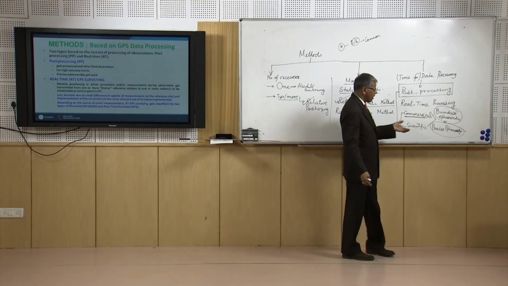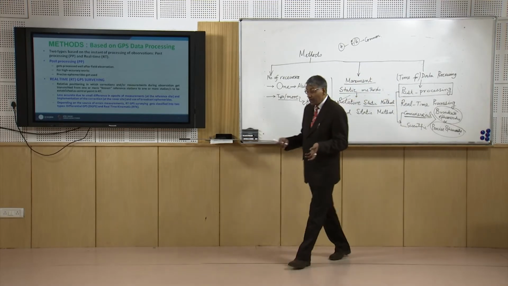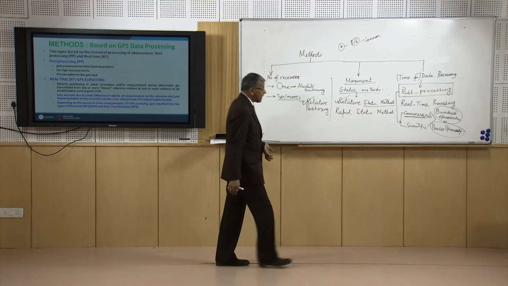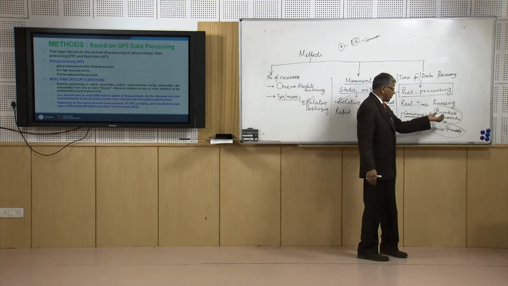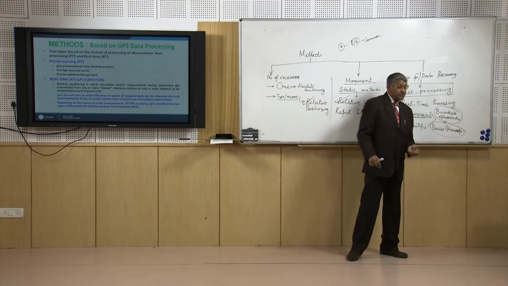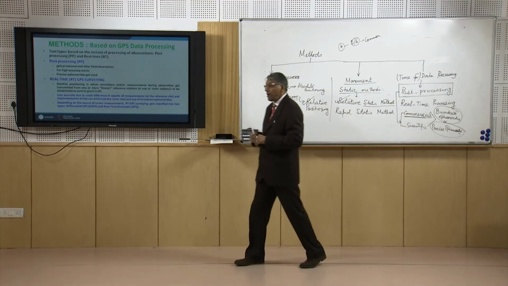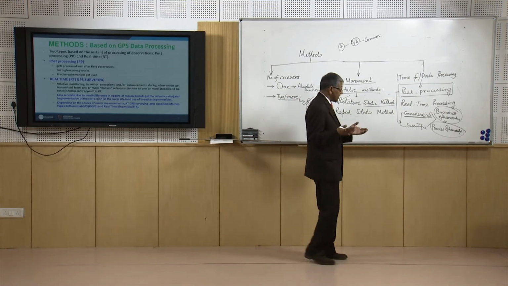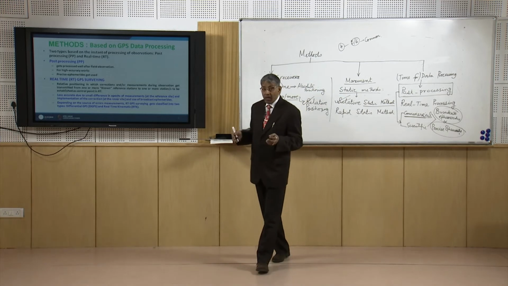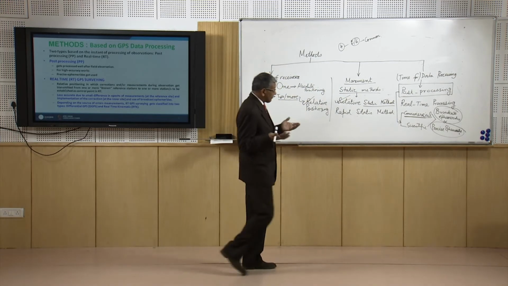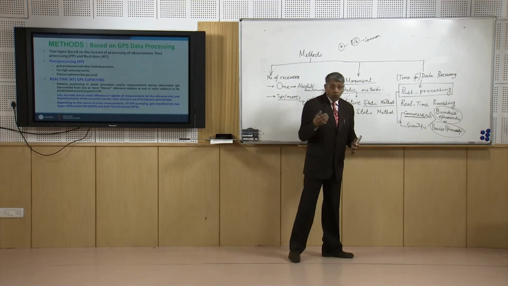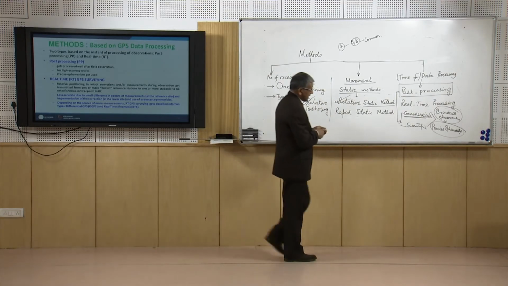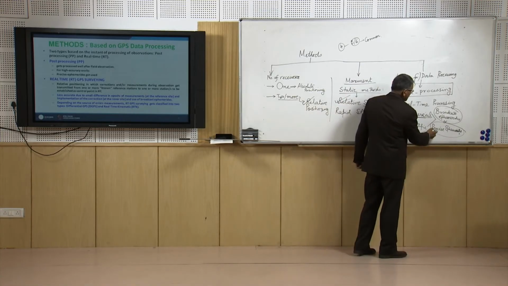If we want to post process after 1 hour or 2 hours or 1 day, then we have to go for broadcast ephemerides, because precise ephemerides are available only after 3 hours, 6 hours, 9 hours, 3 days, 9 days, then after 15 days. So depending upon when we would like to process the data, we can make use of the corresponding precise ephemerides.